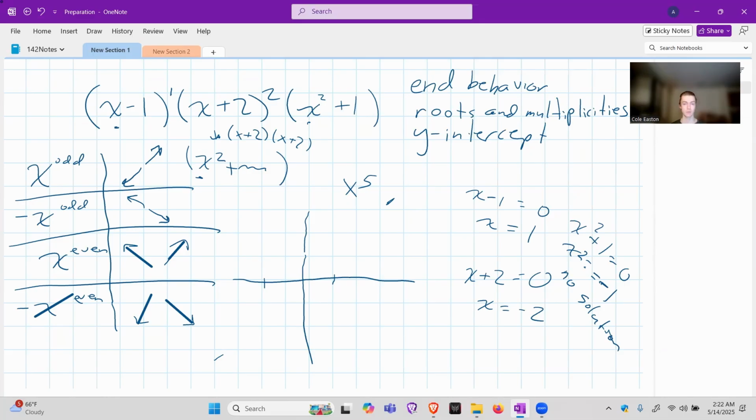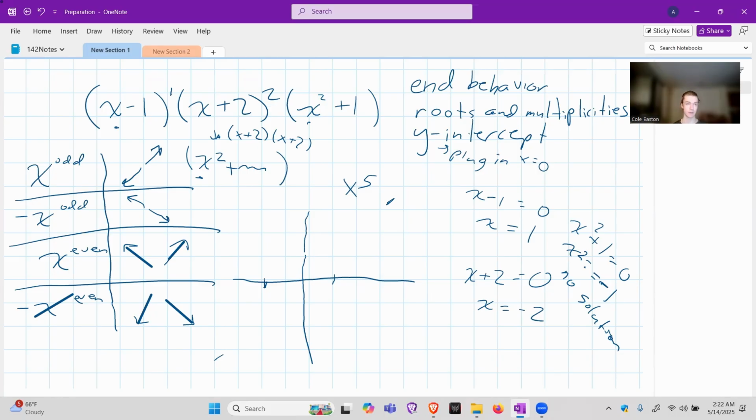Okay, so I have this root, multiplicity 1, and this root here, multiplicity 2. So I'm gonna try to figure out one more thing before I graph this, and that is what is our y-intercept? And y-intercept means we just plug in x equals 0, right? Because that's the output of the function when x is 0.